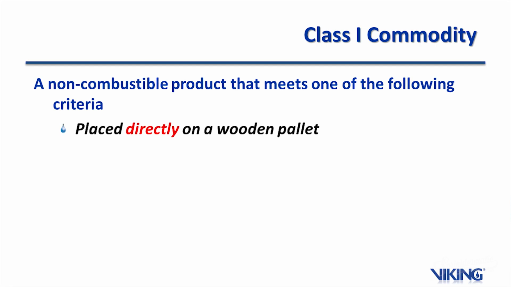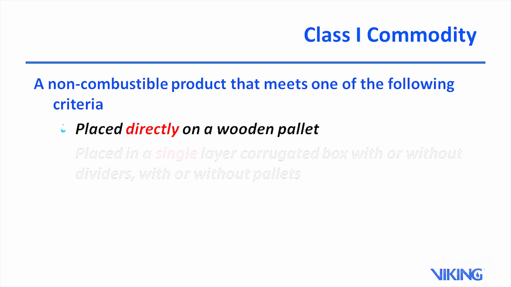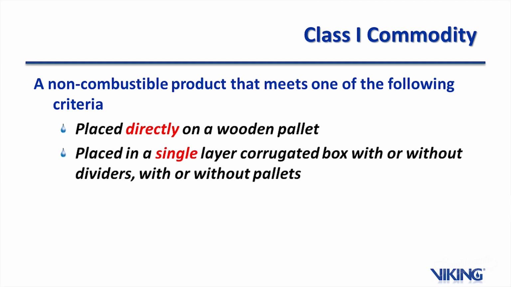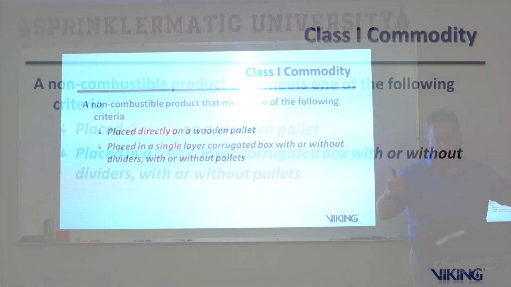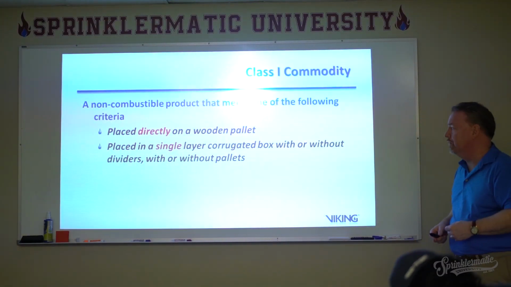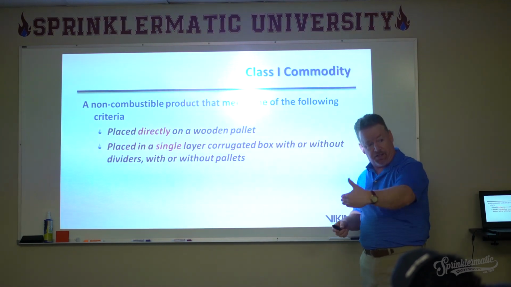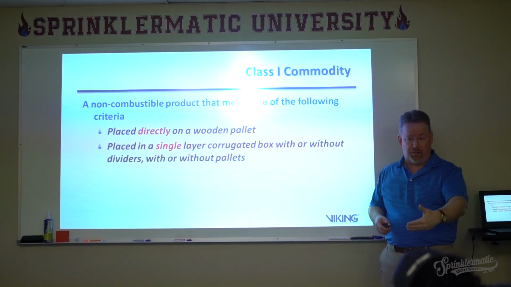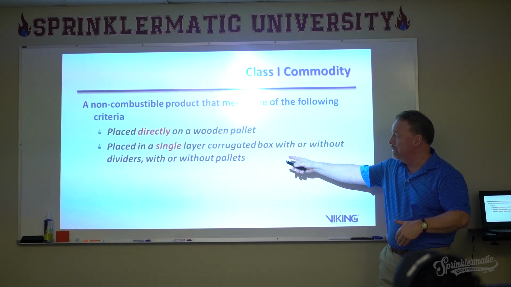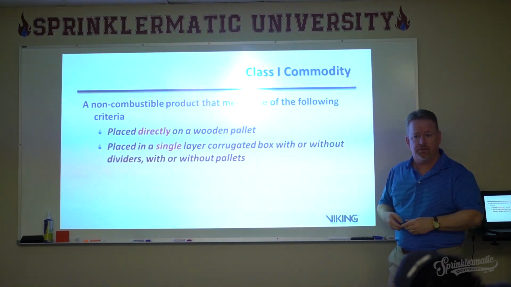It's either placed directly on a wooden pallet, so it's a solid, non-combustible commodity on a wooden pallet, or it may be placed in a single layer corrugated box with or without dividers and with or without pallets. So we could have a non-combustible material placed in a cardboard box. Now the cardboard box is combustible packaging, but it's only a single layer in this case.